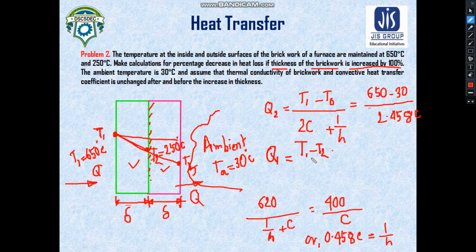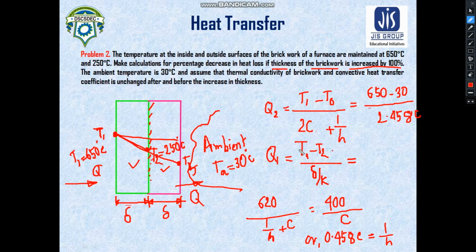So this is the heat transfer rate when the insulation was not twice. The thickness of this brickwork was delta, and you know that we have taken this delta by K as C.